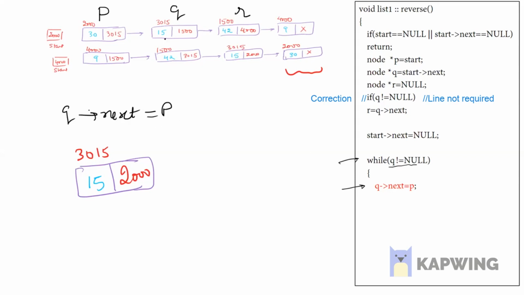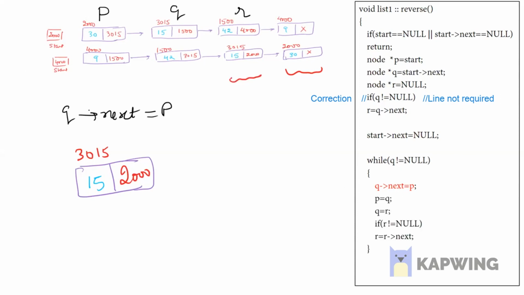This Q, which was at address 3015 and had data portion 15, its next portion should now become equal to P, that is 2000. So it should point in the backward direction in the final version of the reversal of the original linked list. That means Q next is equal to P, so Q next will store the address of P. This will settle down the second node also.